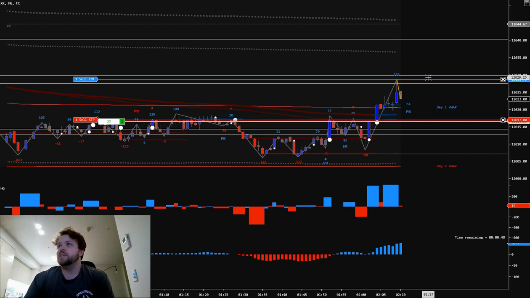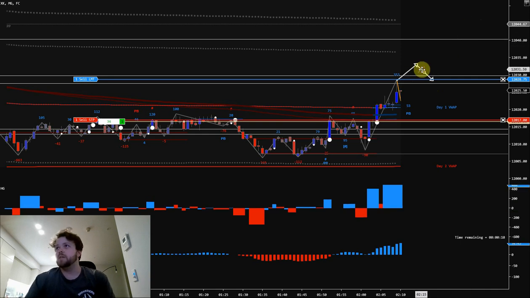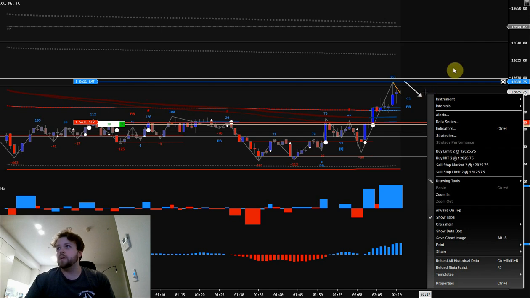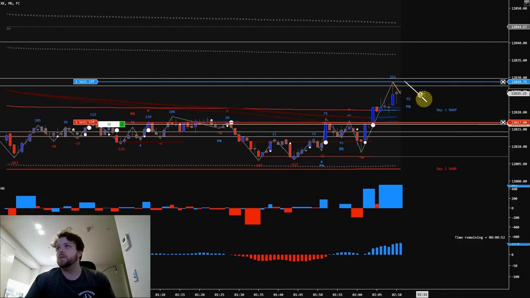If price hits here, I'm looking for something similar again, whether that be another push to the upside or a push to the downside. Generally, I want to see some sort of move up, down, then back up again. And the reverse of that, quite simple: I want to see a push down, back up into the zone, and then back down here.